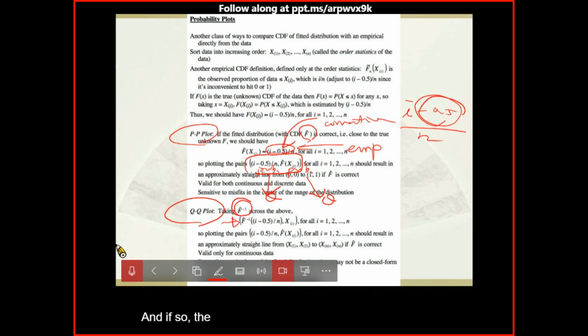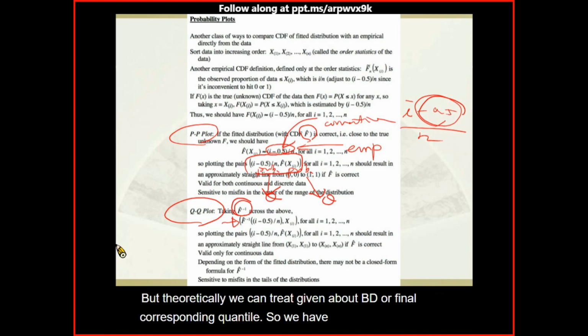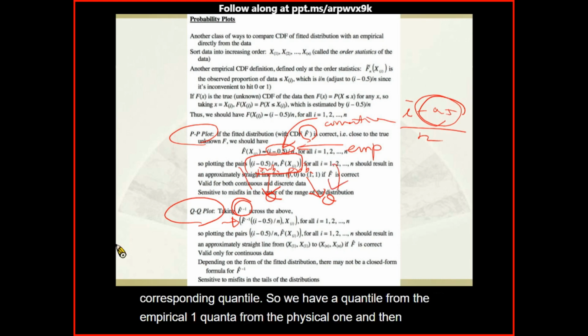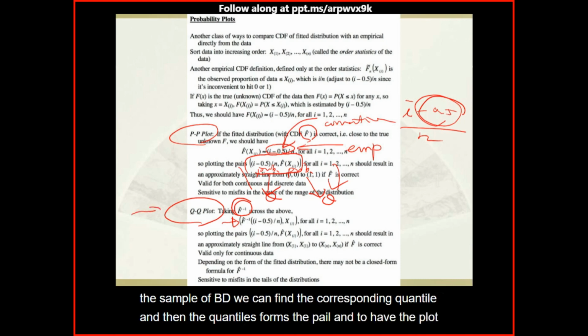That's why we use the inverse function. Theoretically, given the probability, we find the corresponding quantile. So we have a quantile from the empirical one and a quantile from the fitted one. Setting the same probability, we find the corresponding quantiles, and the quantiles form the pair. To have the plot, we then have a QQ plot.